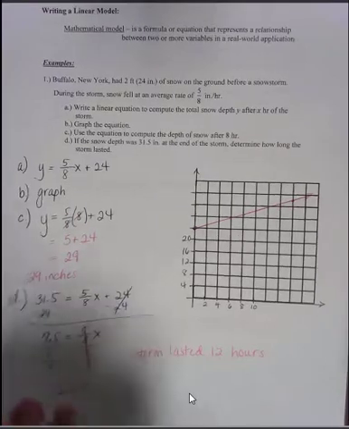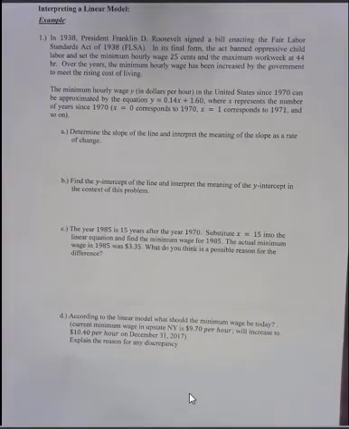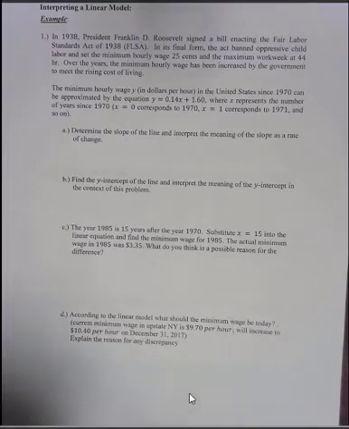Let's do another example, which is, again, word problems. We're talking about applications here. In this particular example, we are talking about the minimum hourly wage, y, in dollars per hour in the United States since 1970, which can be approximated by the equation y equals 0.14x plus 1.6, where x represents number of years since 1970.